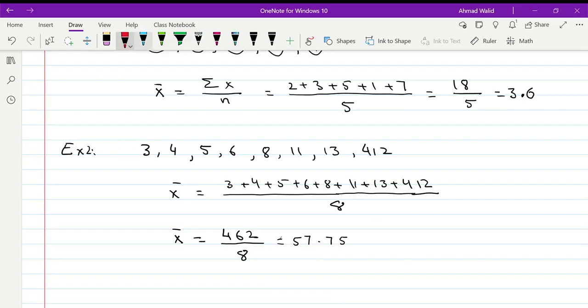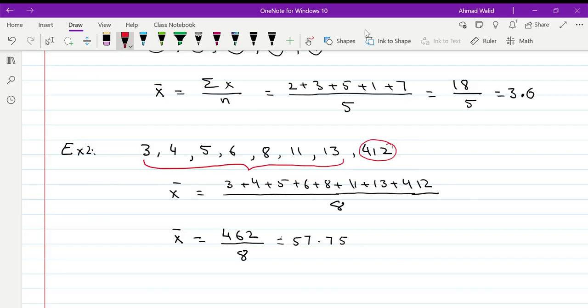Look here. Actually, if you focus a little bit in my lecture on what I'm talking about, and try to learn the concept. Look, if I remove 412, the rest of the data, they're really close to each other: 3, 4, 5, 6, 8, 11, 13.